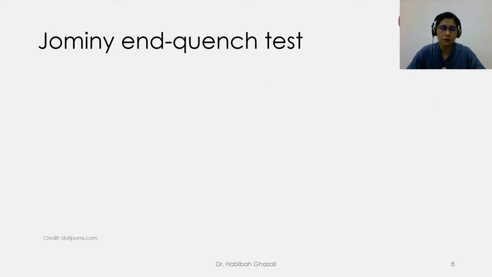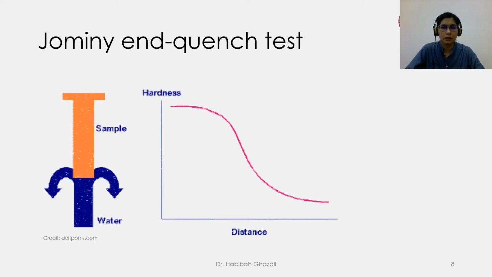This hardness information that varies along the bar is then plotted on a hardenability graph. So here is an example of hardness versus distance of some type of steel.